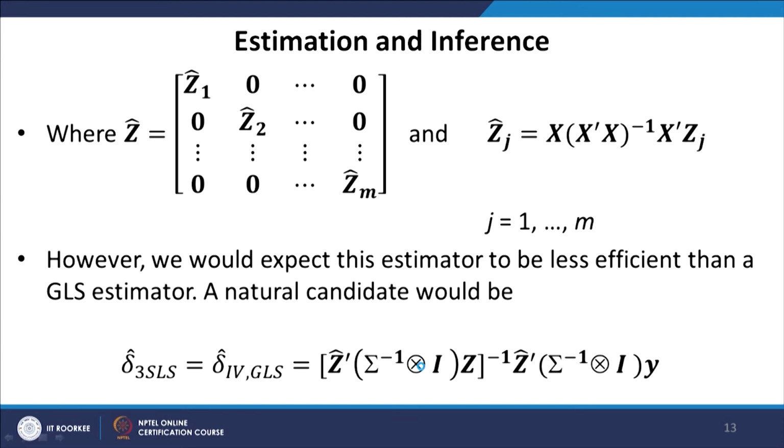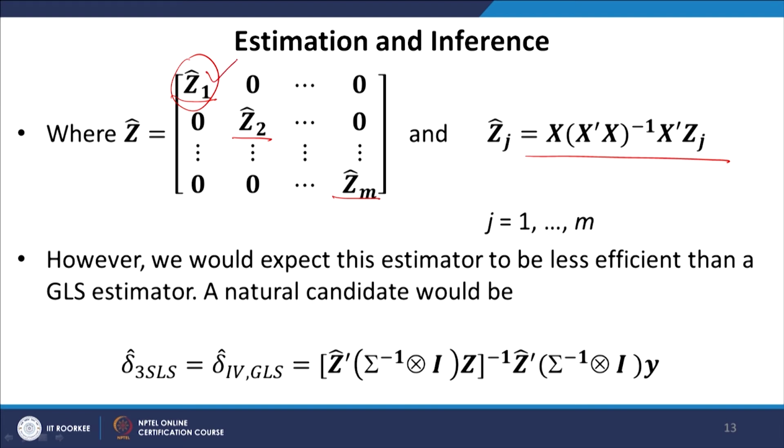Now, you can see that z hat consists of the instrumental variables which have been obtained from a regression of zj on the x's. This has already been mentioned earlier: instead of having z1, z2, we are having z1 hat, z2 hat and so on.